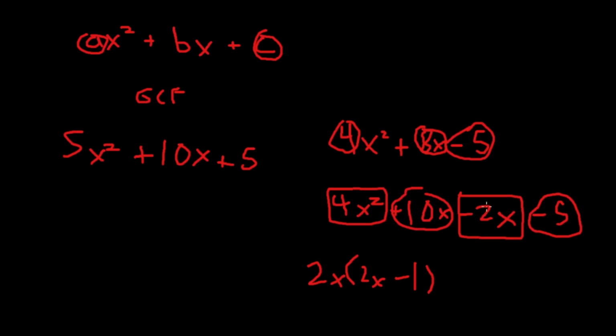Their greatest common factor is just 5, because 10x can be divided by 5, and negative 5 can be divided by 5. We do a 5 here. 10x divided by 5 is 2x, and negative 5 divided by 5 is negative 1.